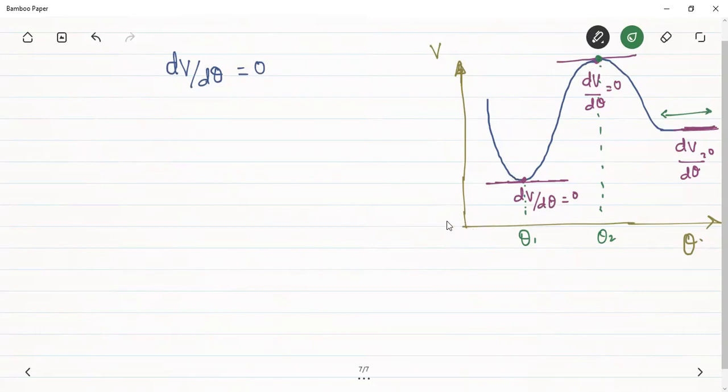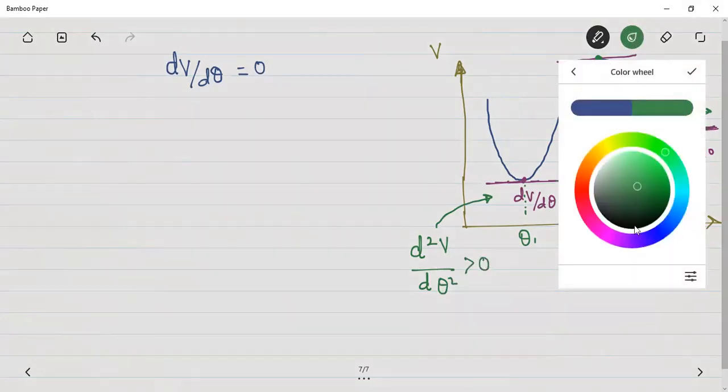So what is the criterion for the maxima and minima? Since this corresponds to the minimum potential energy, we know that for a minimum, the second derivative of the potential energy function with respect to theta should be greater than 0, because it is the condition of minima.